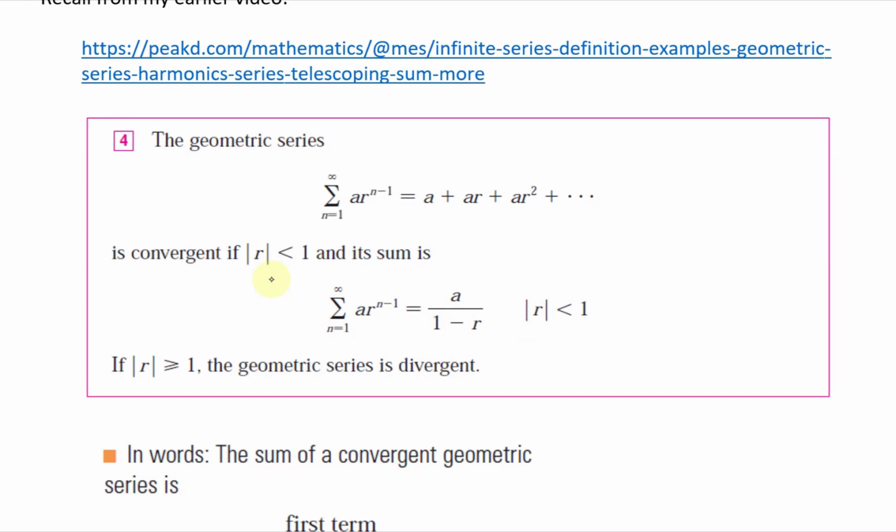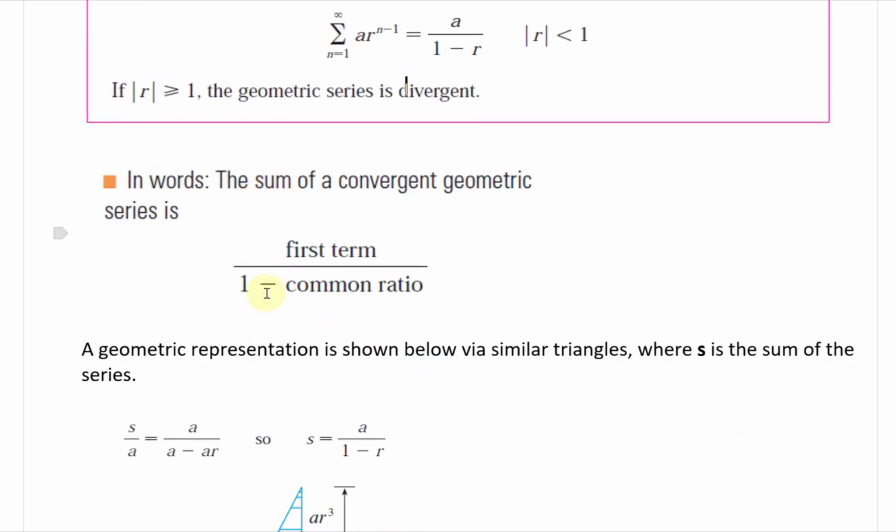In our case, r is 0.1, which is less than 1, so we can use this formula to get the sum of the convergent series. But if r is greater than or equal to 1, the geometric series is divergent. So the sum is the first term divided by 1 minus the common ratio.